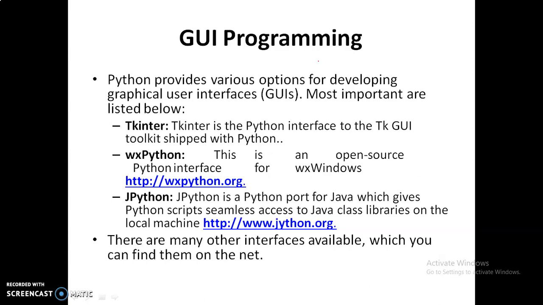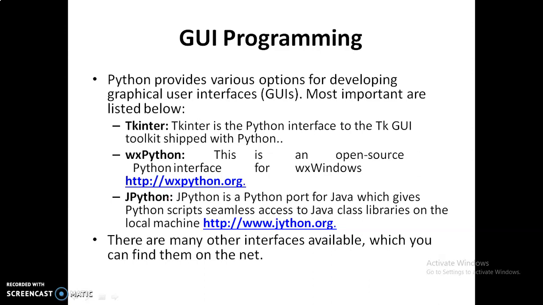For this, Python provides us different tools to design GUI applications. The main GUI package is tkinter. Tkinter is one of the modules provided by Python to develop GUI applications. Next, another module similar to tkinter is wxPython, which is also used to develop Python-based GUI applications.